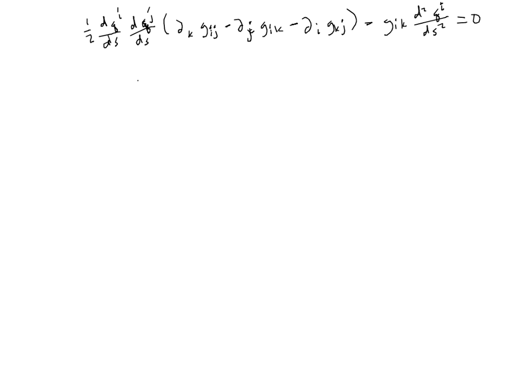So this reduces to saying the second derivative of your coordinate with respect to s plus the derivative of your coordinate with respect to s times the derivative of your other coordinate with respect to s times your Christoffel symbol is equal to 0.